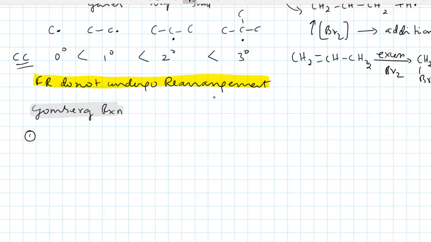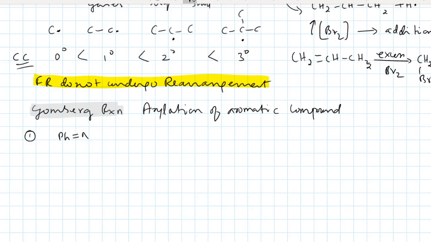The arylation of aromatic compounds. That is, if you remember the Fittig reaction, where you get a diphenyl or biphenyl compound, arylation of an aromatic compound takes place. Something similar to that you can see here. This is called the Gomberg reaction. So this is benzene diazonium chloride.